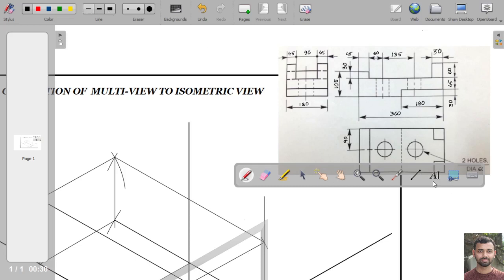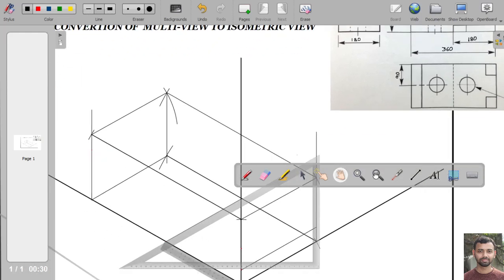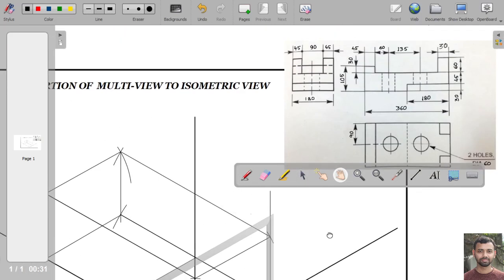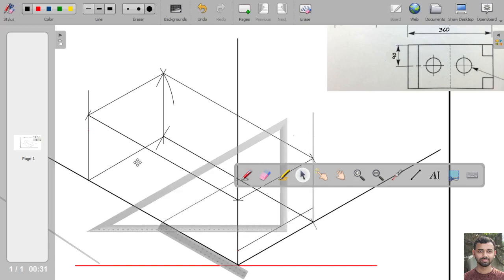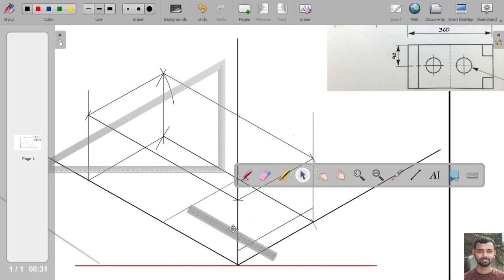So we can draw this part. So it is at a distance of 30 mm. So with the help of this scale, we can locate the point.